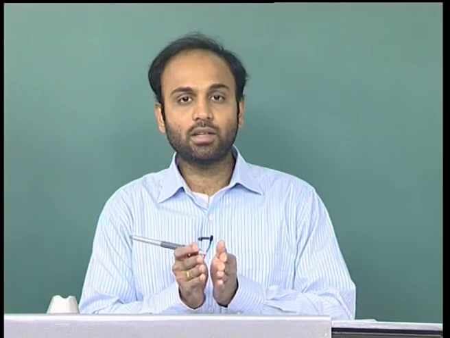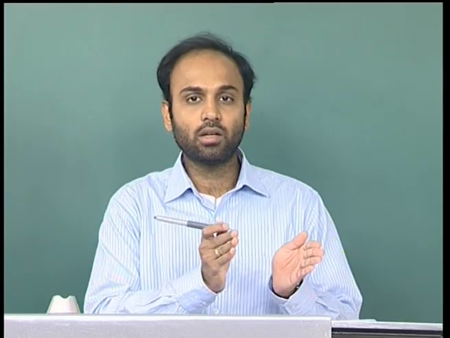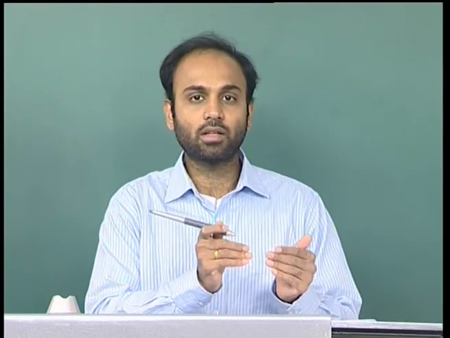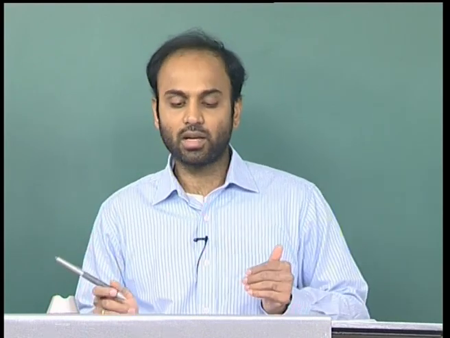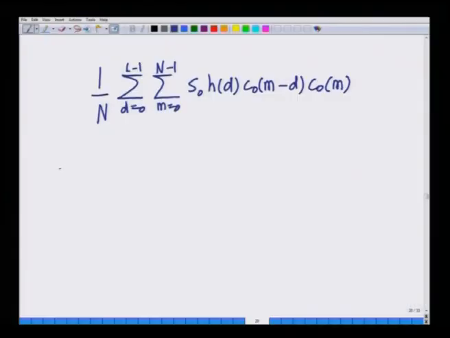Now, I can split this into two summations. One corresponds to the path 0, that is h of 0, and one corresponds to the rest of the paths. So, let me write this down as 1 over n. The path corresponding to 0 is nothing but S 0 h of 0 C 0 m minus d, where d is 0 corresponding to the path 0.